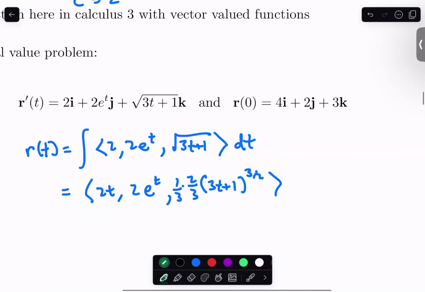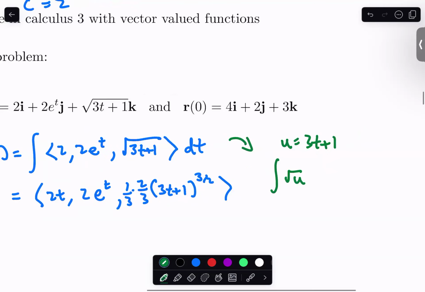But in the meantime, if it was on a quiz or an exam, and you're nervous and hesitant and the clock's ticking down, you could do u is equal to 3t plus 1. So this is integrating root u, but I need to switch out my dt for some number of du. So du is equal to 3 dt, and instead of dt here, I'm going to write du divided by 3.